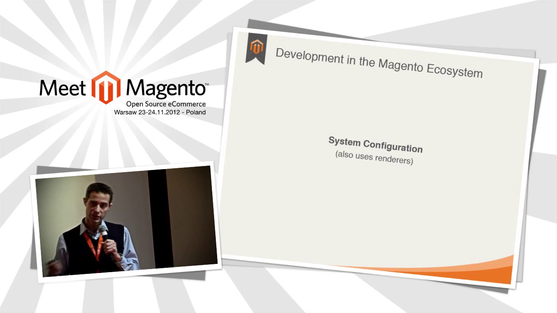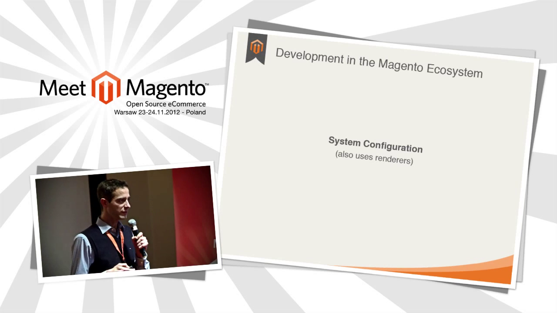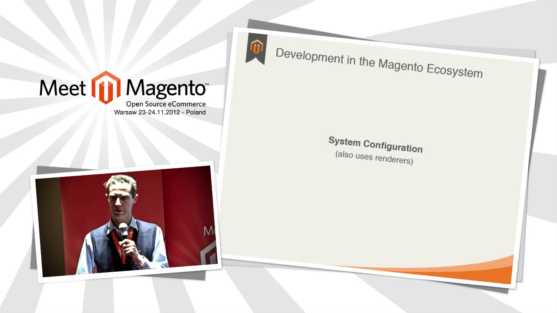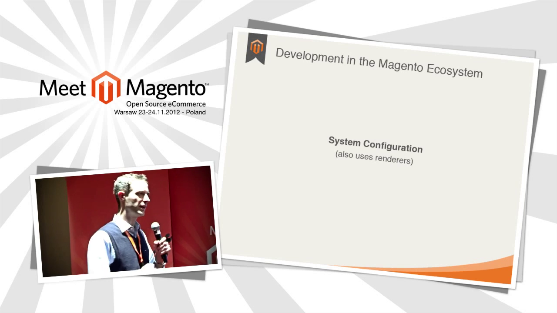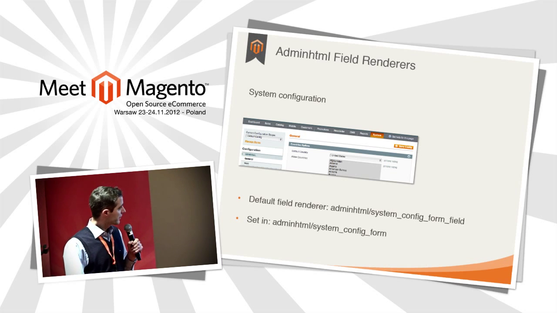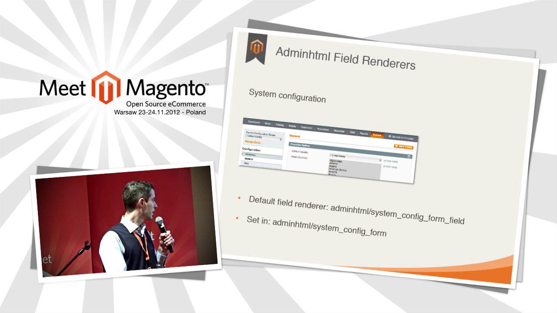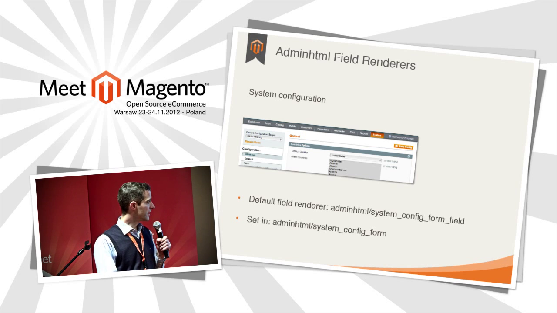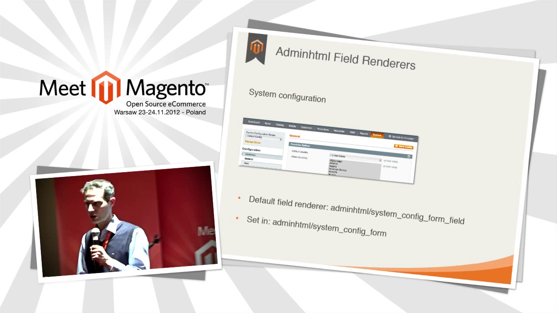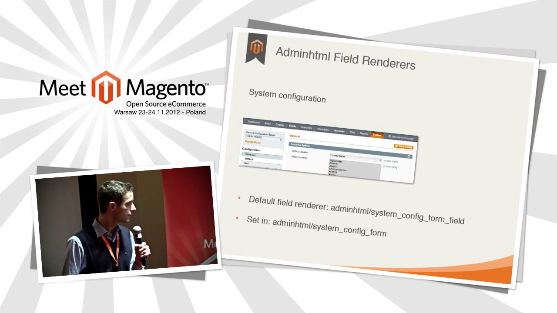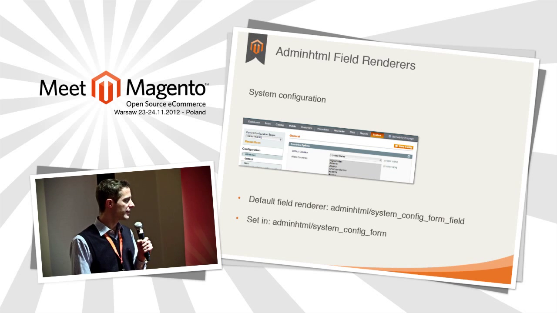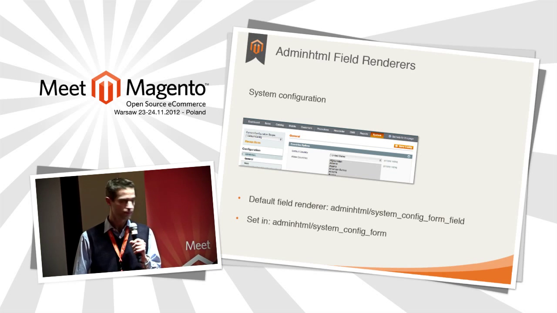For system configuration, you can also use renderers. Now, for system configuration, we don't implement the block class ourselves, so we can't really use prepare form to set the renderer. Instead, we do it through system XML. The default field renderer is specified in the form class that usually renders the whole admin area, and that's the default renderer, set in the system config form block.